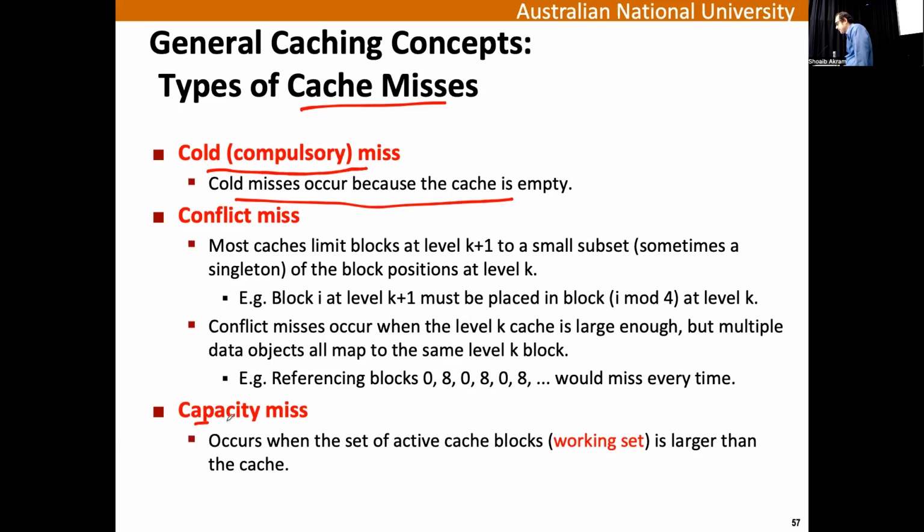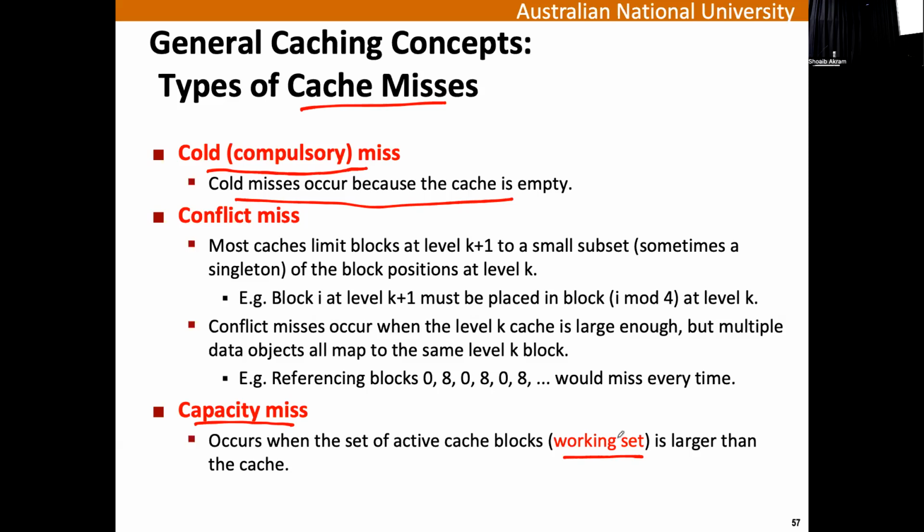Capacity miss is when the working set does not fit. The working set of a program phase is how much data it is accessing in that phase. So in the for loop that we looked at, we were accessing an array of size n. If we call the for loop a phase of the program, we say that the working set is n data items, right?